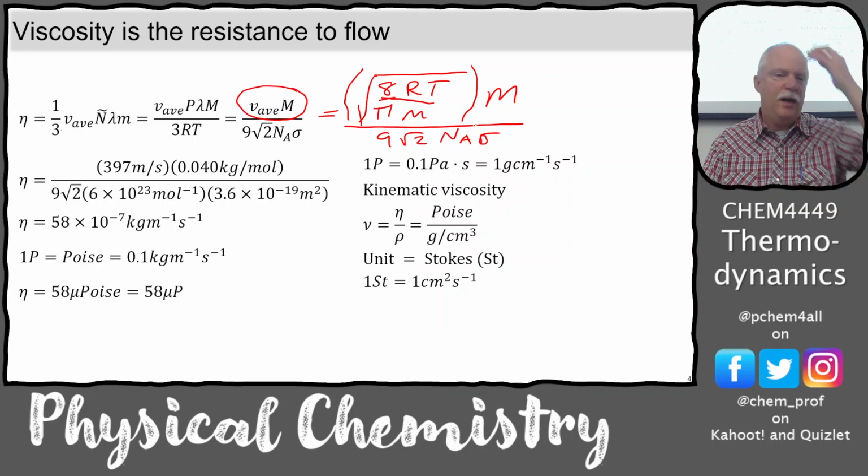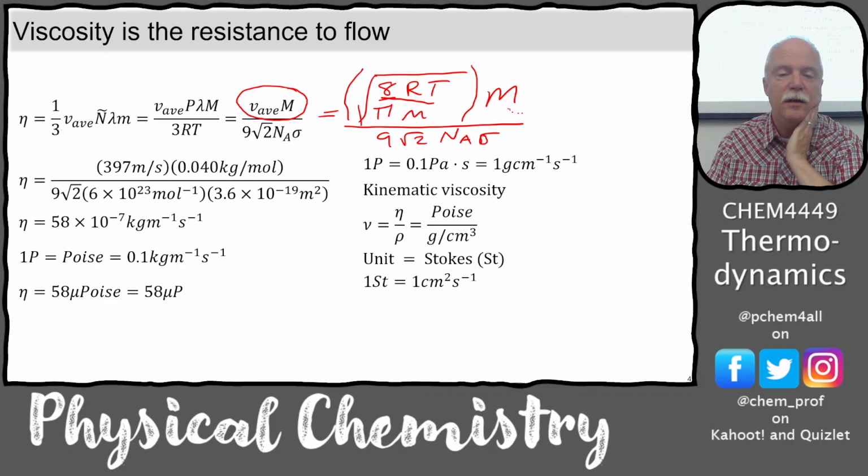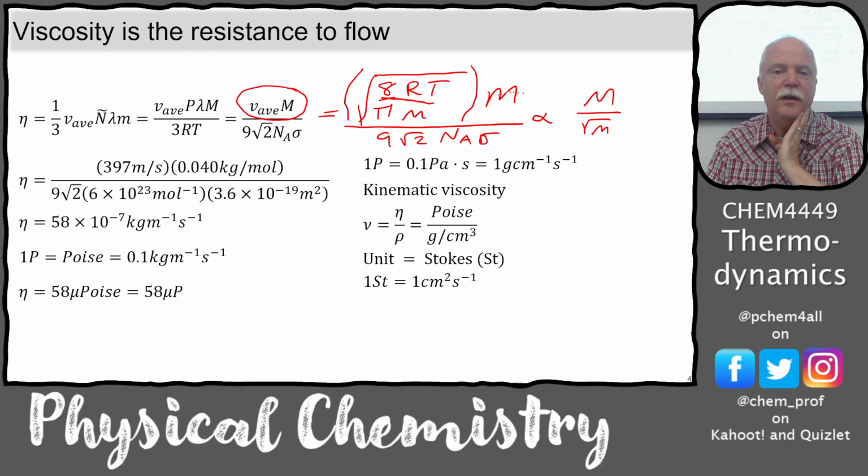So what we're trying to figure out is how viscosity is proportional to mass. Okay, so just looking at this, we would say it's proportional to mass over the square root of mass. Does everybody agree with that? I've got a square root of mass here in the denominator, and I've got a mass in the numerator.